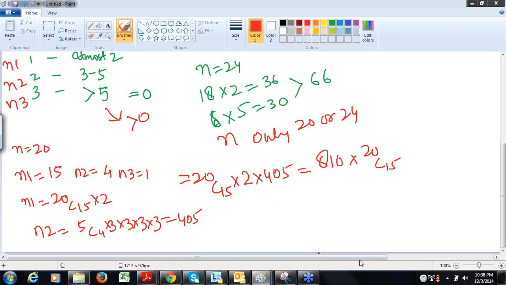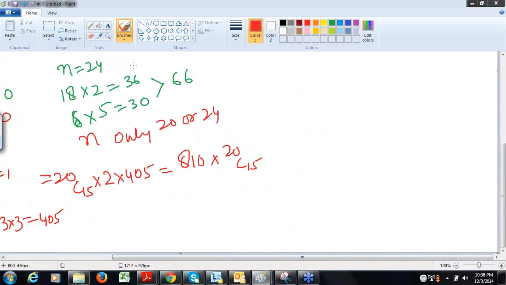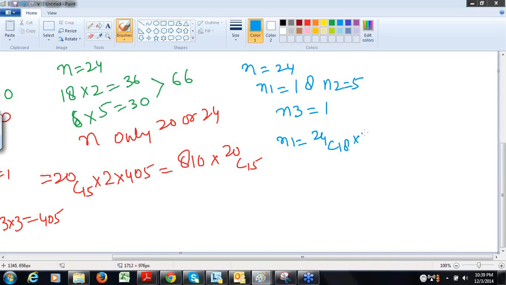We'll consider the second case, n is equal to 24. In this case, n1 will be 18, n2 will be 5, and n3 will again be 1. So for n1 it will be 24C18 into 2, similarly as we calculated for n is equal to 20.